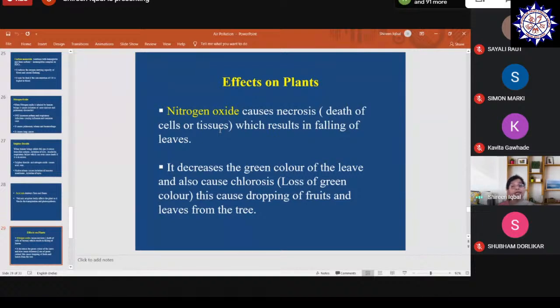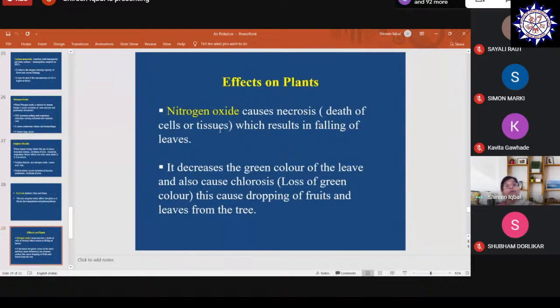Necrosis is the death of the cells or the tissues. इसमें जो cells और जो tissues होते हैं उनकी death हो जाती है, and because of this क्या होता है, जो leaves हैं वो झड़ती हैं, fruits, flowering कुछ नहीं होता है plants के अंदर. And due to this, the green color of the leaf also decreases, and that is known as chlorosis. That is the loss of green color.